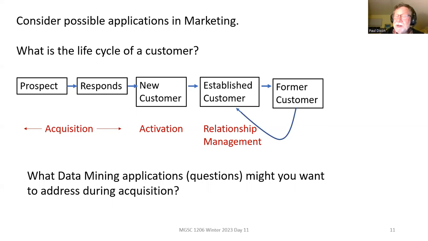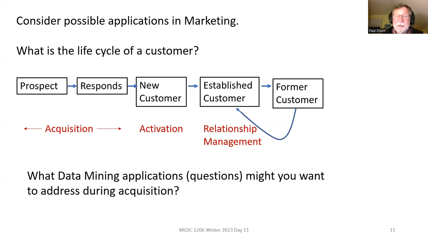Once you found them, you put something out to them and see if they're going to respond. So you're building models to see what things they are most likely to respond to and what things they wouldn't respond to. If they do respond, you're trying to convince them to become a customer and get over to that stage. And if you're lucky, they become a new customer.